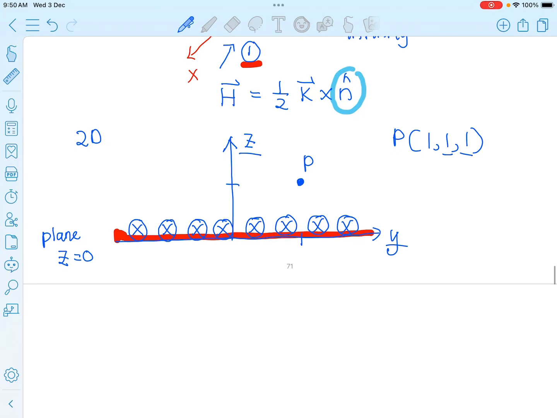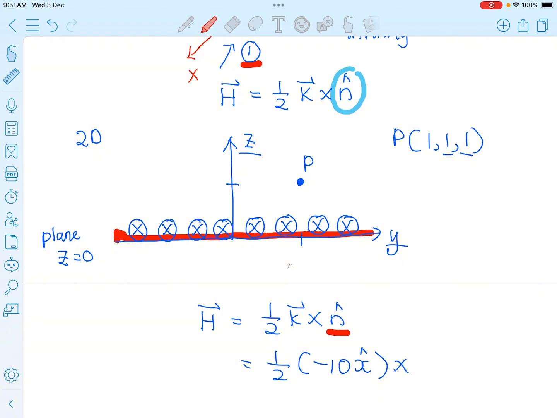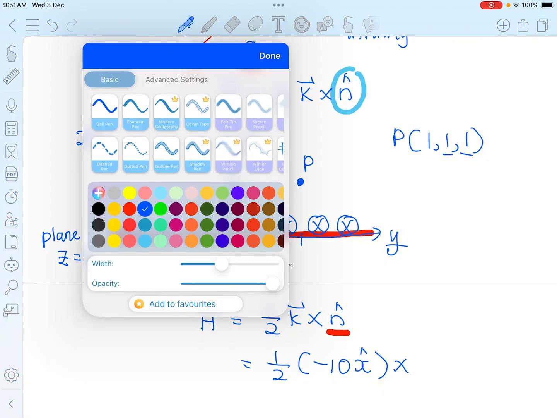By applying this formula, 1/2 K cross n, we take the K given by the question, negative 10 x, and cross product with n. Now I want you to pay attention to how to define the direction of n.